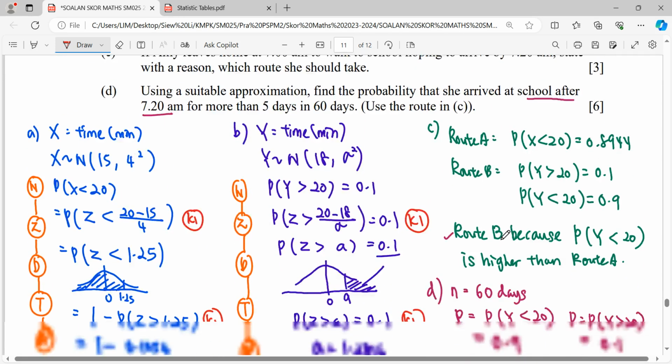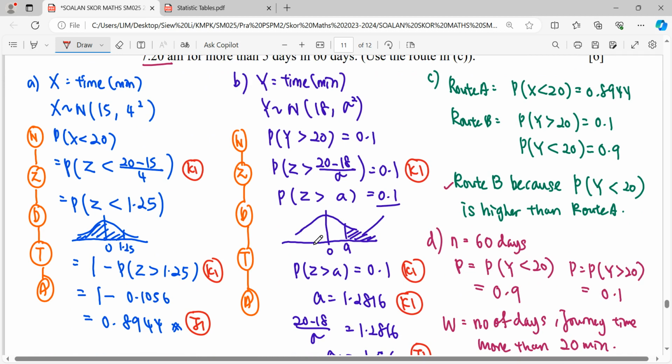Then for question C, it will be 3 marks. So firstly, state the distribution and the probability related. Then we answer route B with its reason together. So this is K1, J1.